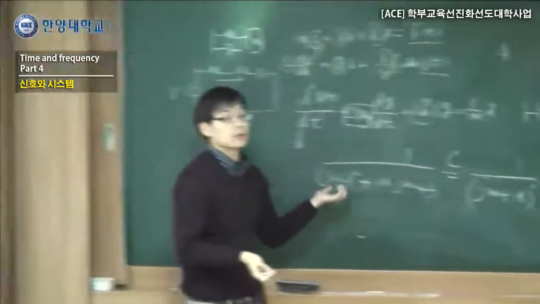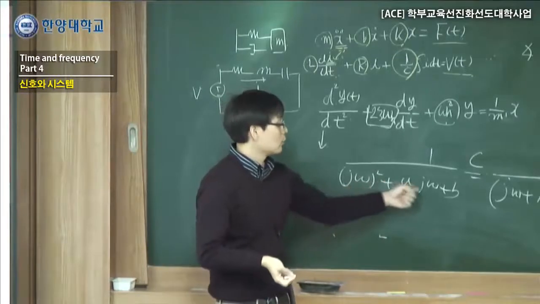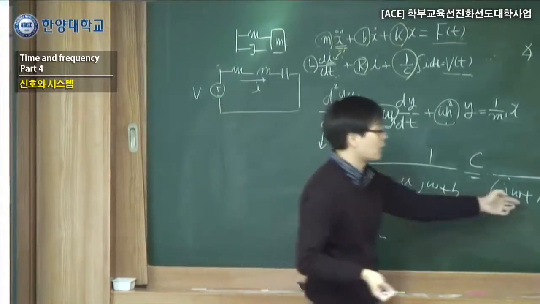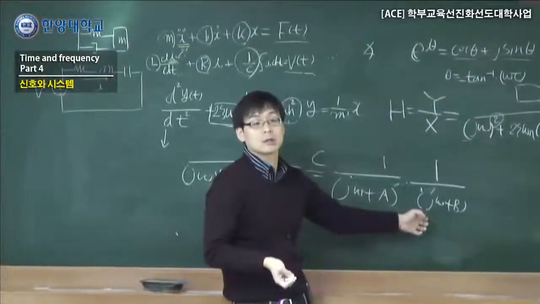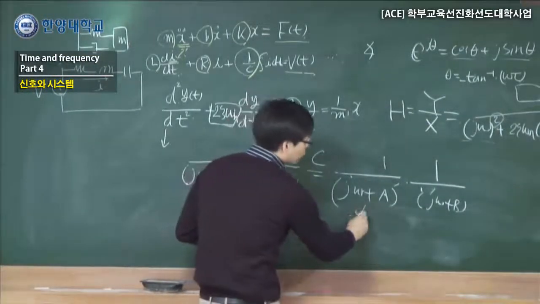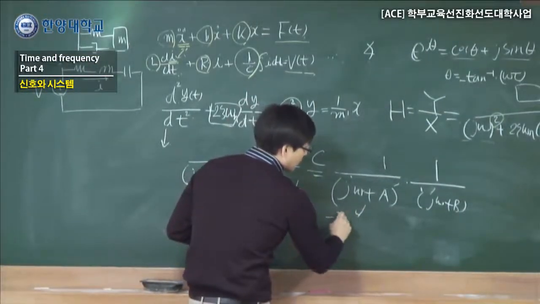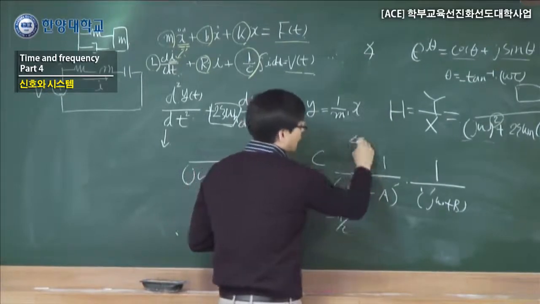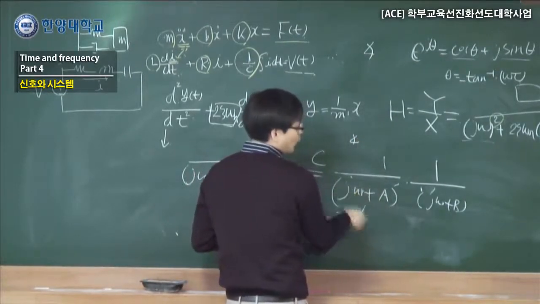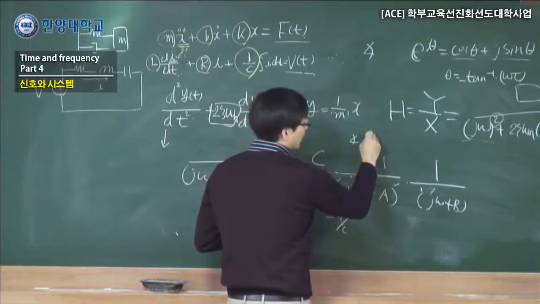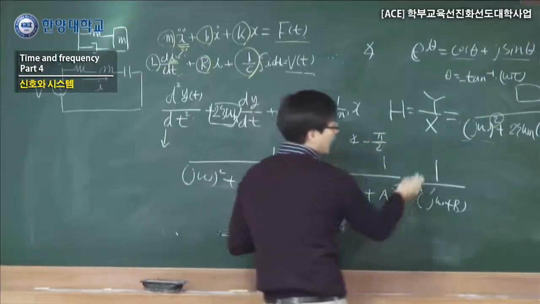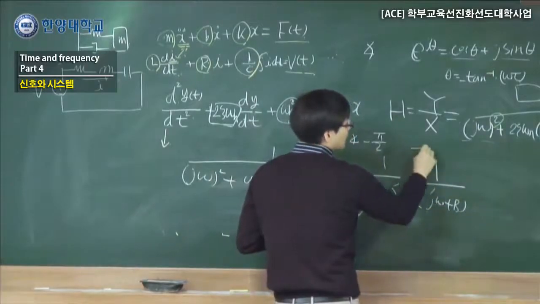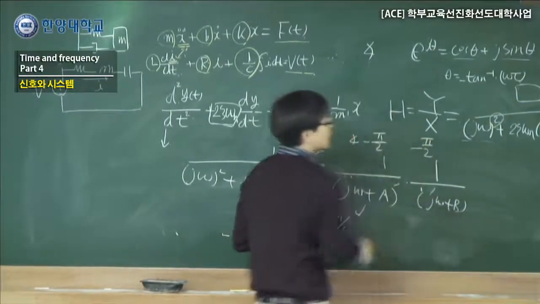This is possible, right? You have a second order system, you can divide it into two first order systems. This one is reduced by pi by half. So the phase of the first order system is divided by pi divided by 2. The second first order system is divided by half like that.